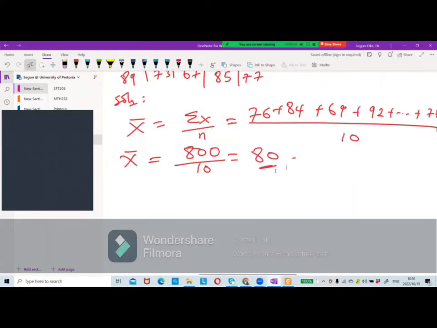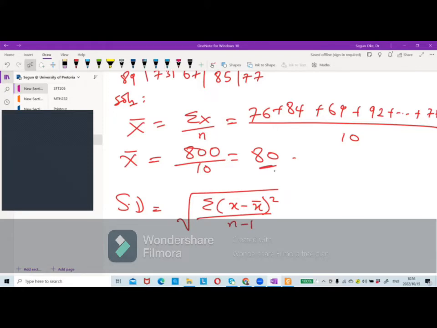Then we are to get the standard deviation. You remember the standard deviation in this case will be square root of, we did this in first semester, X minus X bar square over N minus 1.